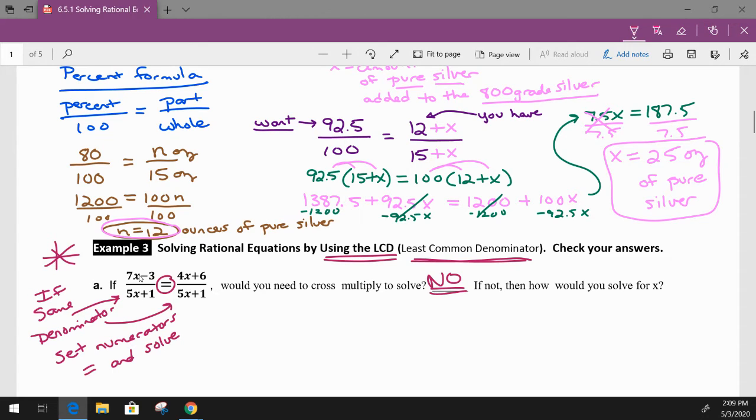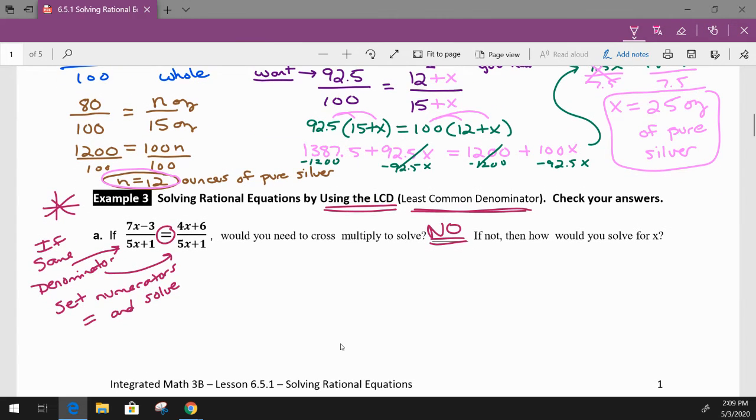And it makes it very easy because we don't want to have to multiply this numerator with this denominator. We would have a quadratic on the left side, a quadratic on the right side, and then we'd have to get everything to the same side, set it equal to 0 and solve by factoring. That would make this problem a lot harder.